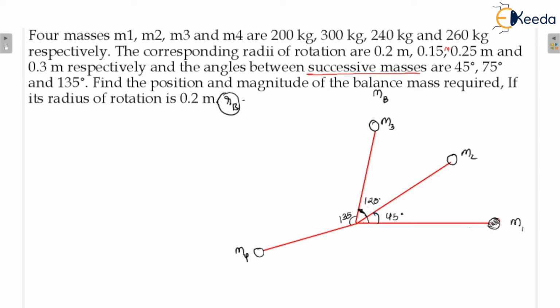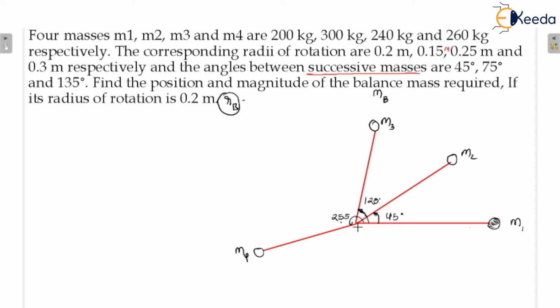And the next angle would be 135 plus 120, which becomes 255 degree. Are you getting my point? That's why I have drawn M4 like that.